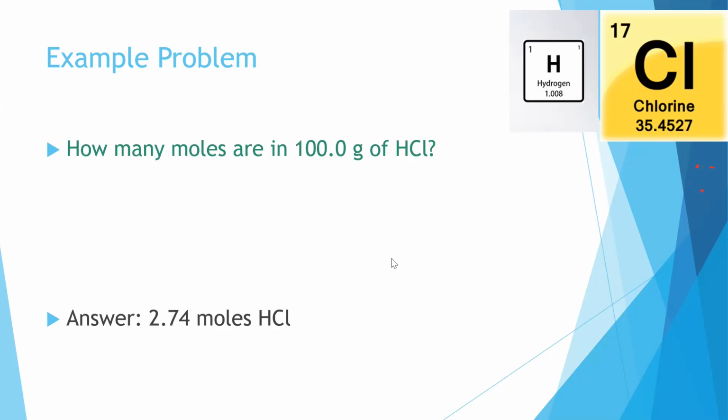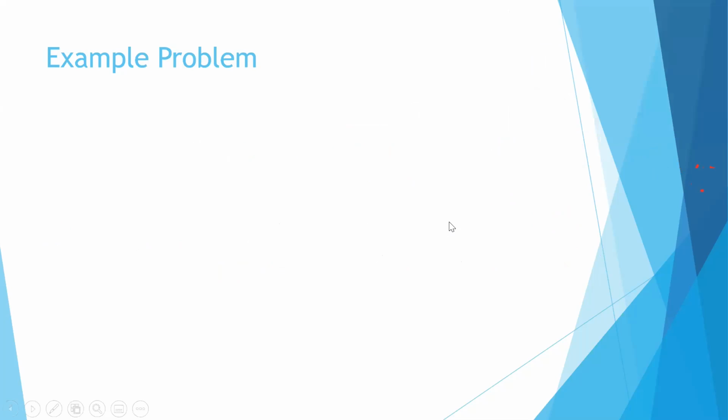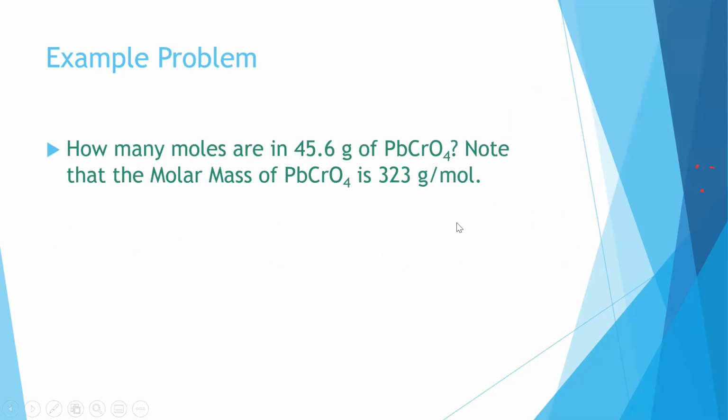You just had to find the molar mass as well. Now let's do one that has a little bigger numbers. So how many moles are in 45.6 grams of lead chromate? PbCrO4 is lead chromate, and we're given that the molar mass of lead chromate is 323 grams per mole. So as always, type in your answer in the chat when you got it.